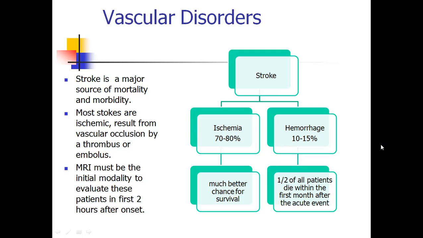We should remember that hemorrhagic vascular disorders have a much poorer prognosis than ischemic diseases, and half of all patients will die within the first months after the acute event, because hemorrhage not only breaks the brain cells but also intracerebral pressure is increased, and this results in displacement of vital structures of the brain stem, for example.